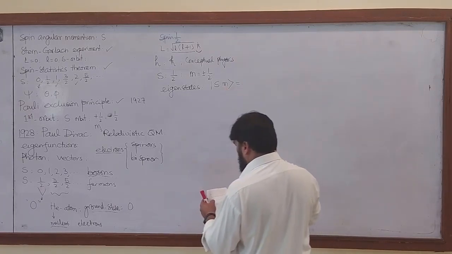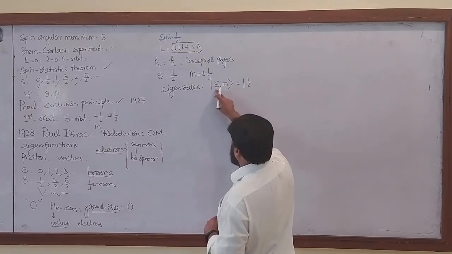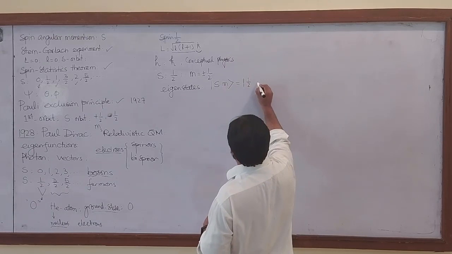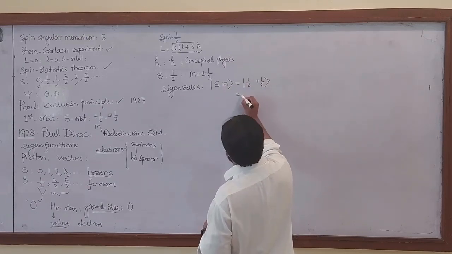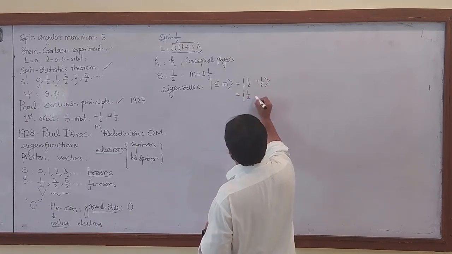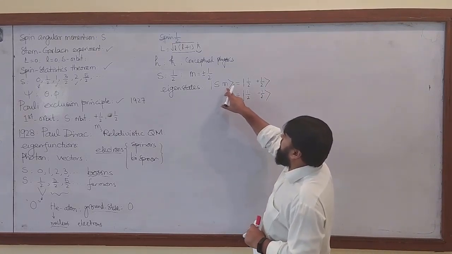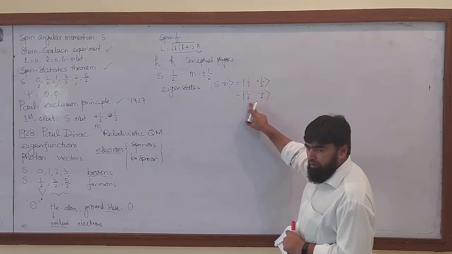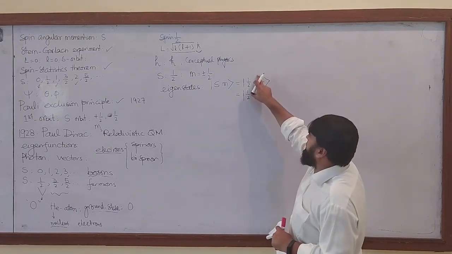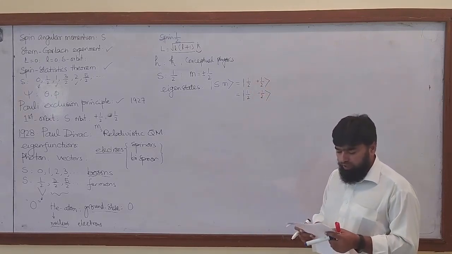So s is half, and m can be plus half and m can be minus half. These are the 2 eigenstates. s in both is half, while the orientation is plus half and minus half.